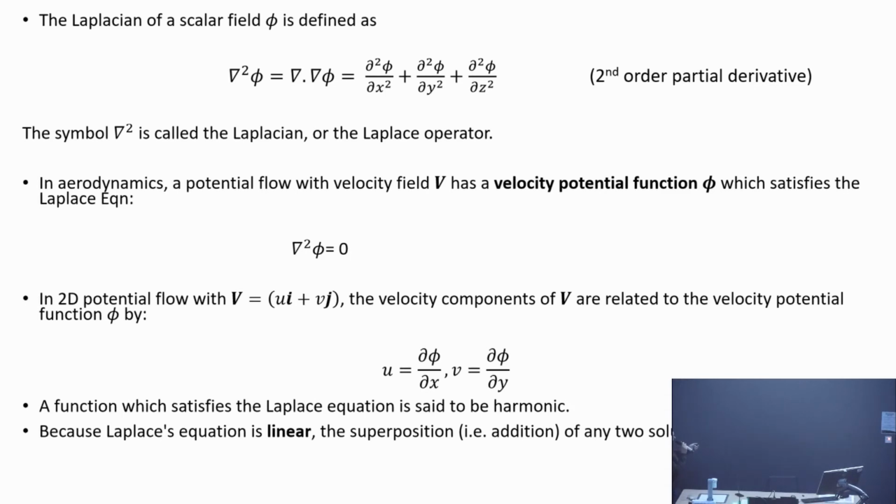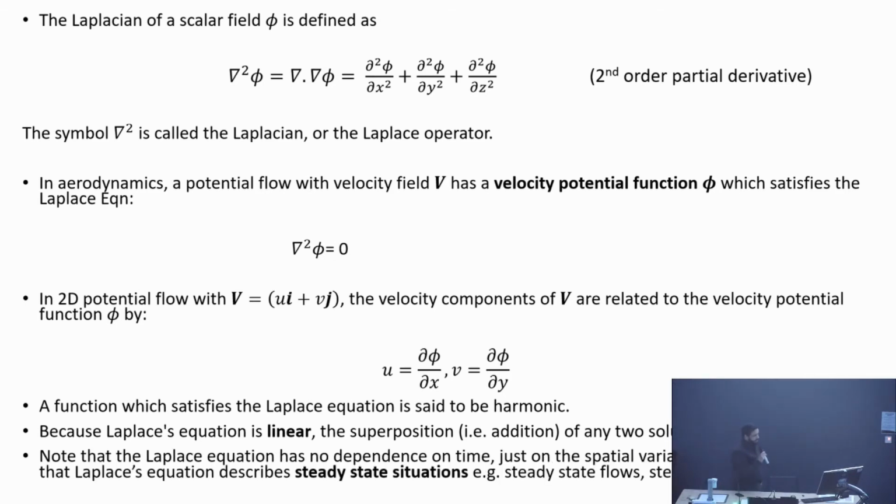What you will hopefully see is that the Laplace equation written in this form has no time in it. It's purely defined in terms of space, so it's a purely spatial quantity. There's no partial derivative with respect to time. Which means, in real life, the Laplace equation can be used to describe steady flow conditions, because in steady flow there is no variation with time.